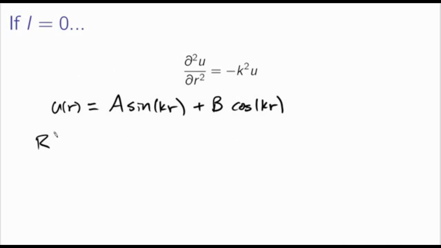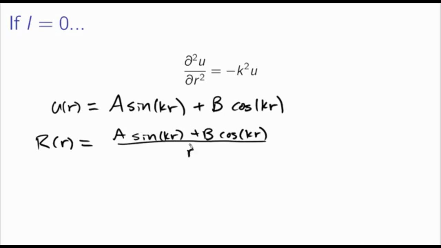Capital R, our actual radial part of our wave function, is going to be u divided by r, if you remember the definition of u. So I'm going to have a sine kr plus b cosine kr, divided by r, for the radial part of my equation. This is slightly problematic if you look at it.